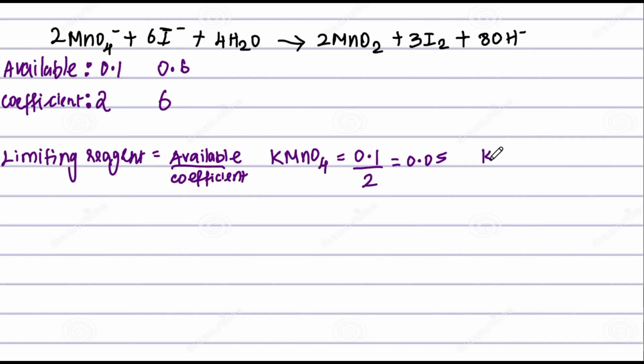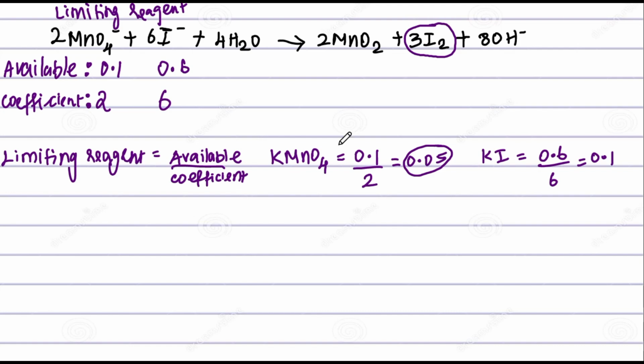Then for KI, that is I minus, the available is 0.6 by the coefficient 6. So here you will get 0.1. So which is the lower value? KMnO4, that is MnO4 minus, is the limiting reagent because it has the lower value. So according to the limiting reagent only, the number of moles of iodine formed is decided.